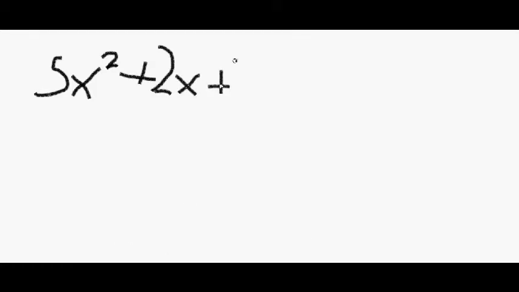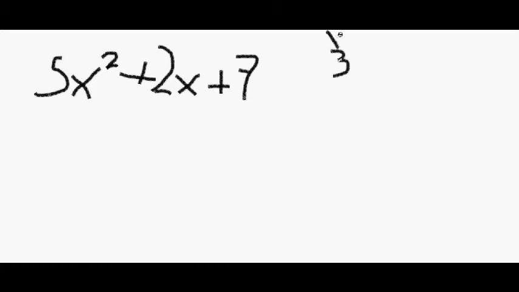Next is evaluate. So I'll do one problem with you. Let me do a tough one. Let me do 49. So 49, we have 5x squared plus 2x plus 7.